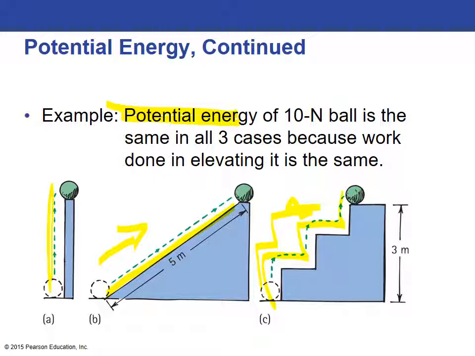The push to take it straight up would be a bigger force. And remember the relationship for work is force times distance. So the potential energy is the same because it is based on the height.